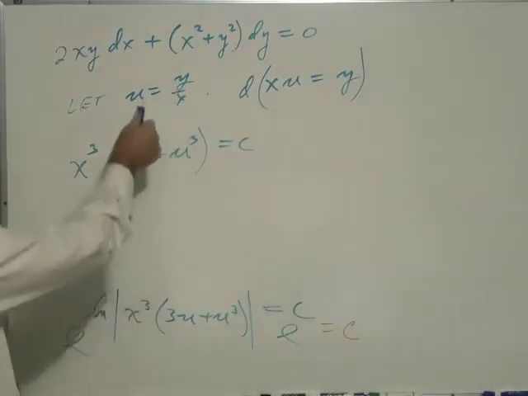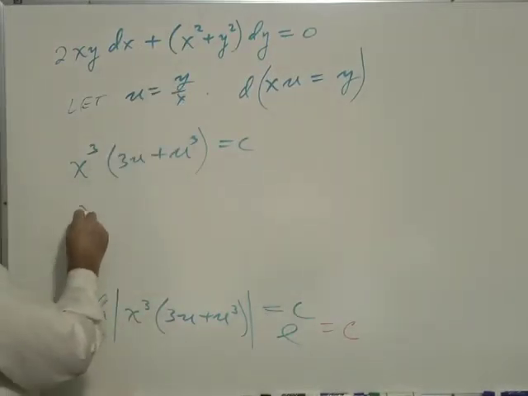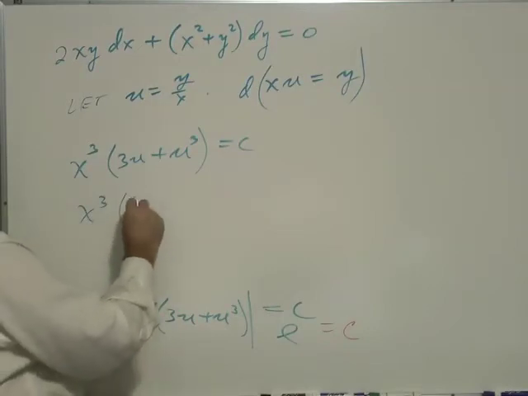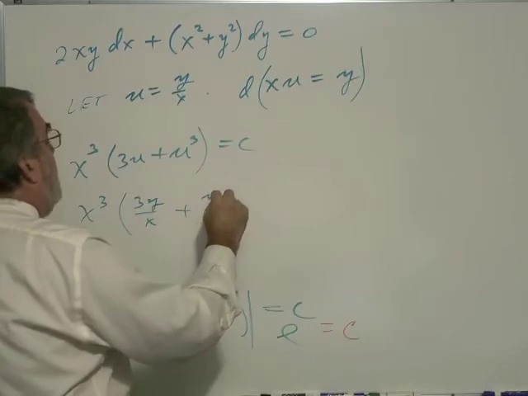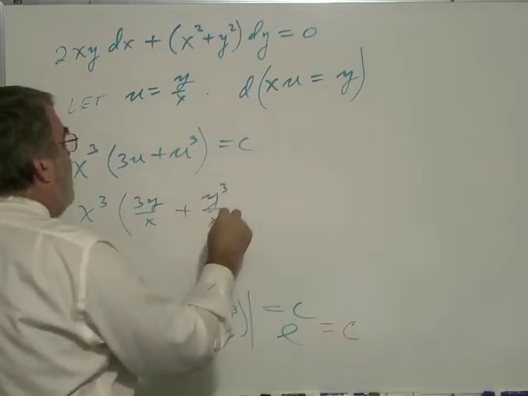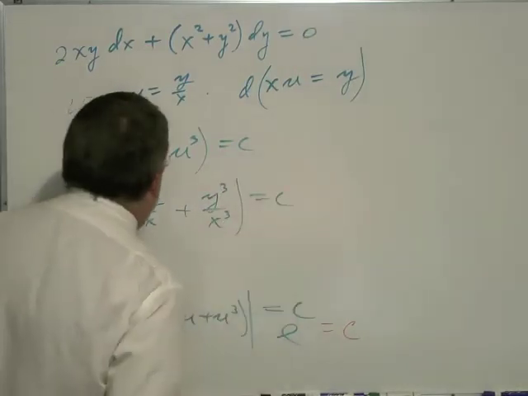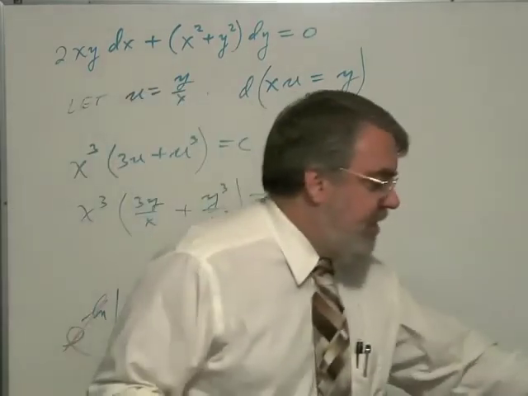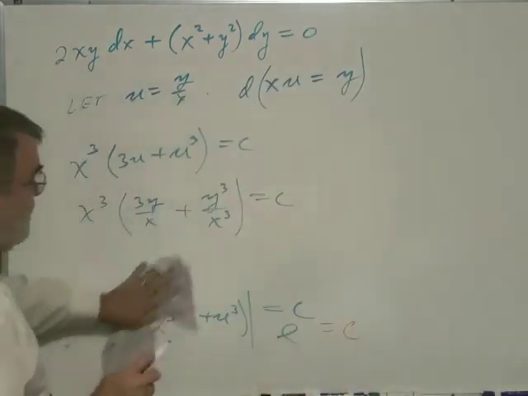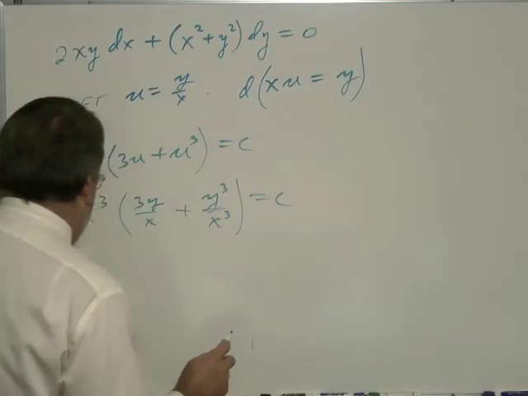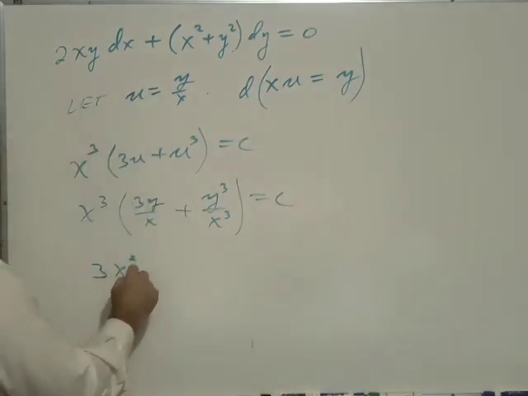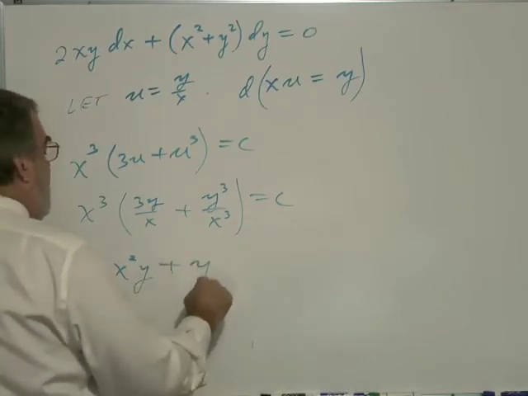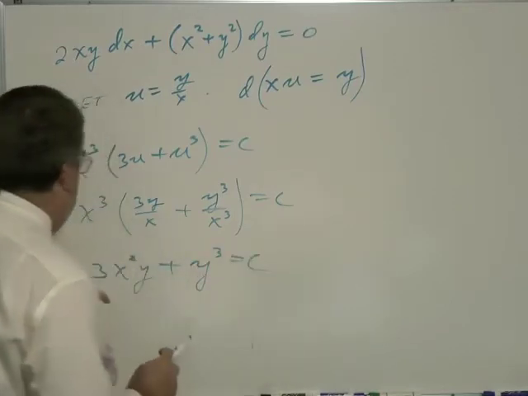So I'll let u equal y over x, so I have x cubed parentheses 3y over x plus y cubed over x cubed equals c. And now let's multiply the x to the third power through there, and we'll get 3x squared y plus y cubed equals a constant.